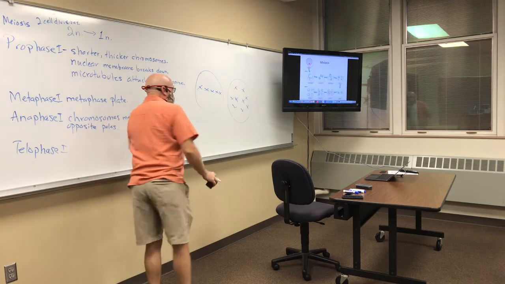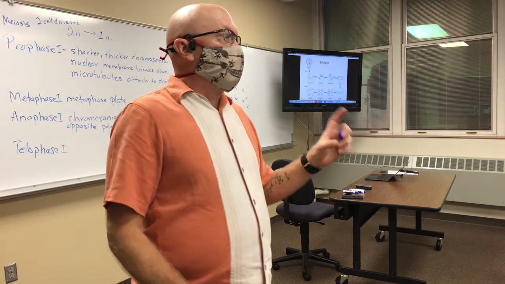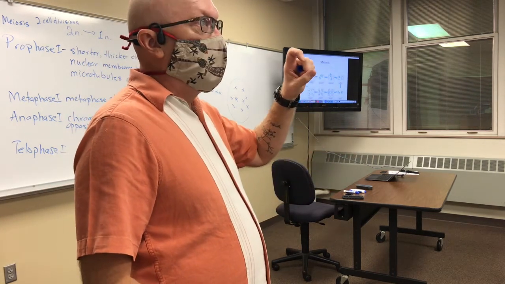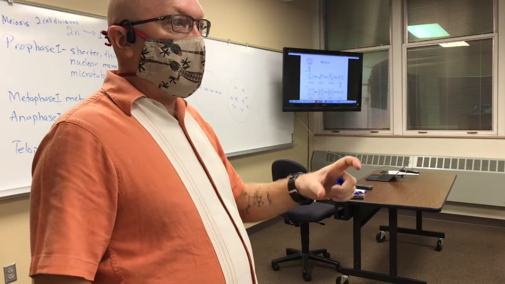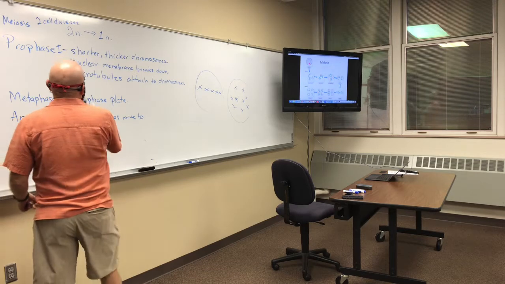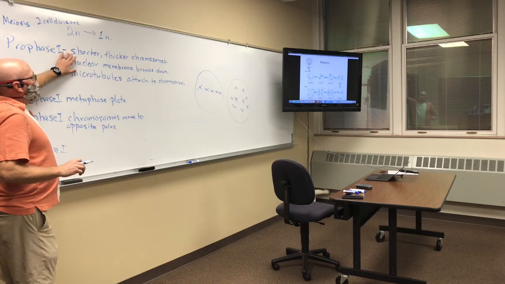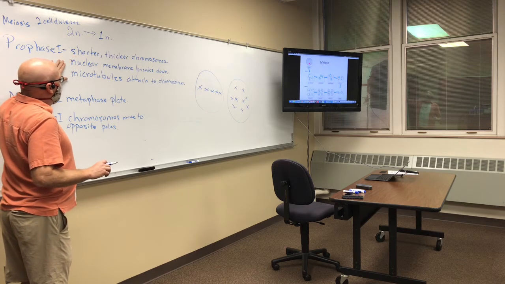One of the ways in which meiosis differs from mitosis really has to do with prophase, metaphase, and anaphase 1. That's where the real differences exist. So in prophase 1, the chromosomes are getting shorter and thicker. The nuclear membrane is breaking down.